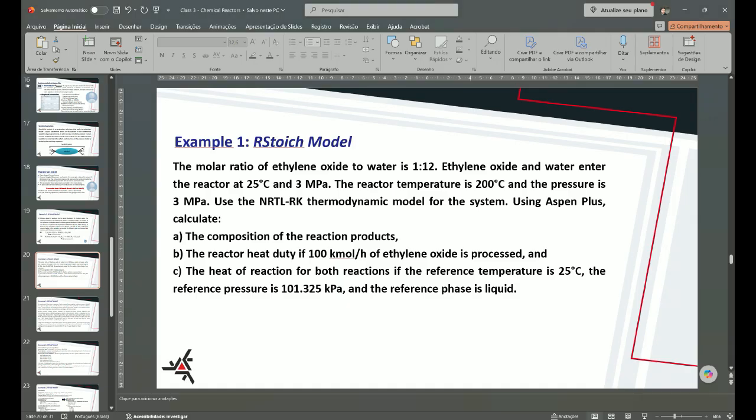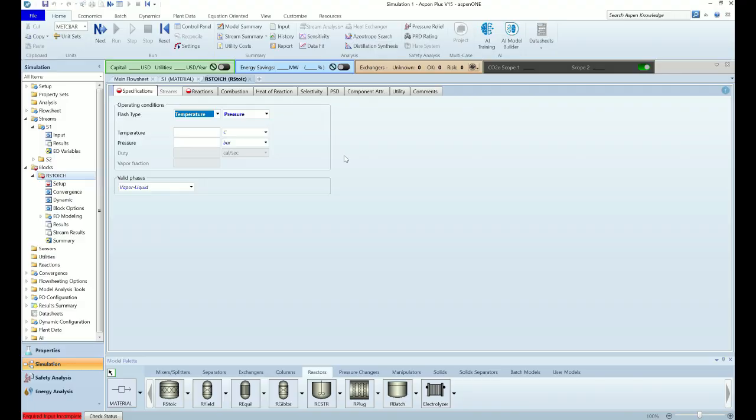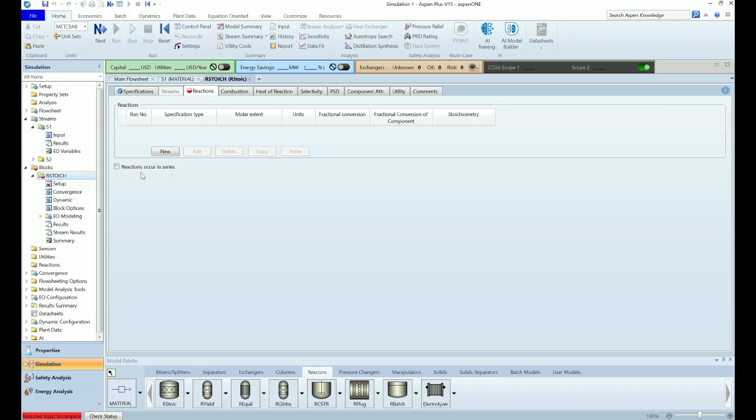Now for the reactor, we're going to define the temperature to 200 Celsius degrees and 3 megapascal for pressure. So this is the temperature and this is the pressure, right? And let's define here our reactions.